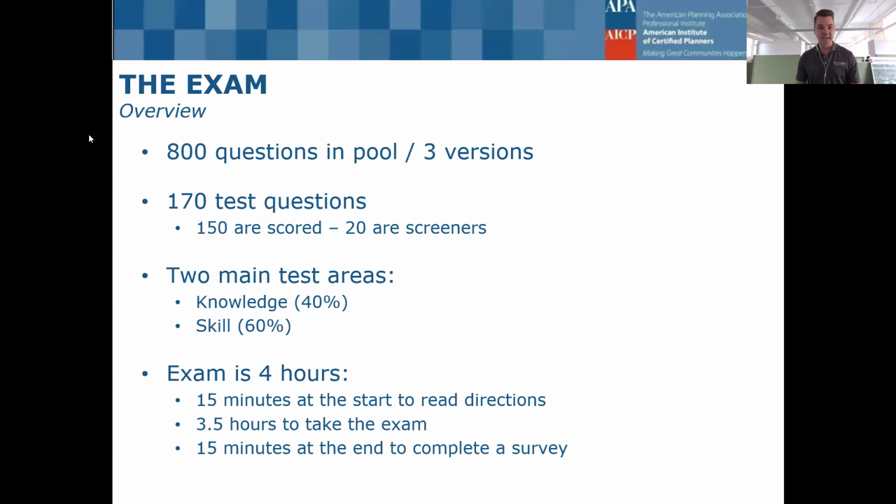The test you take is 170 questions. Of those, 20% are being screened for inclusion in future exams, and they do not count towards your score. 150 of the questions you respond to are scored and part of your results. You don't know which 20 are the screeners versus the scored questions, so you just take them all.